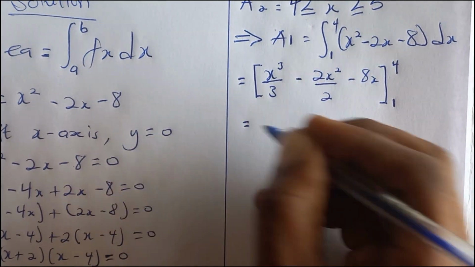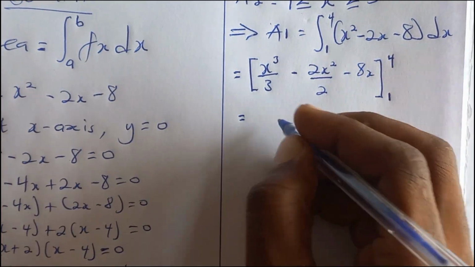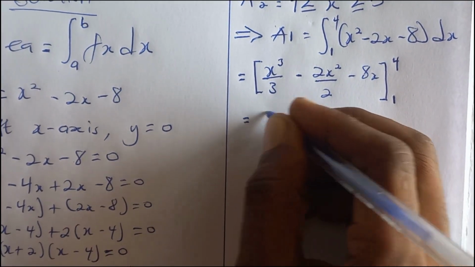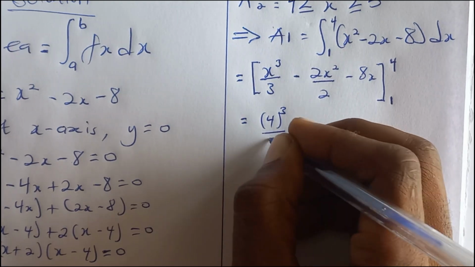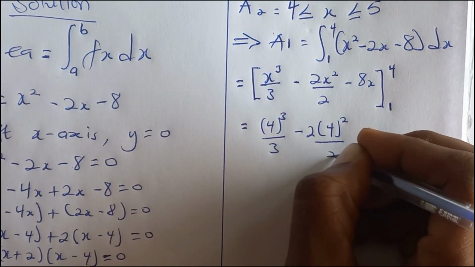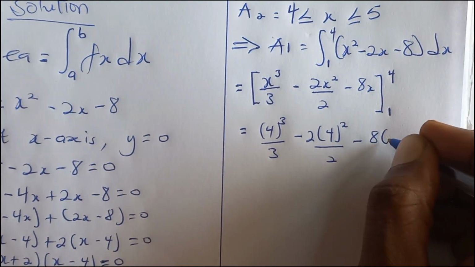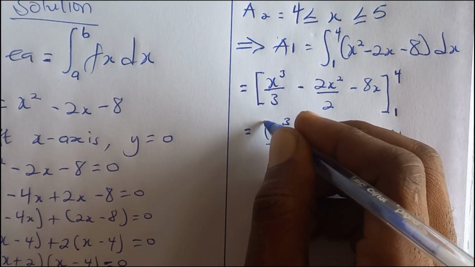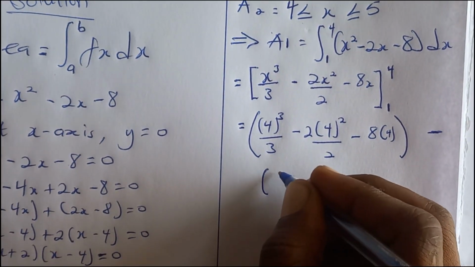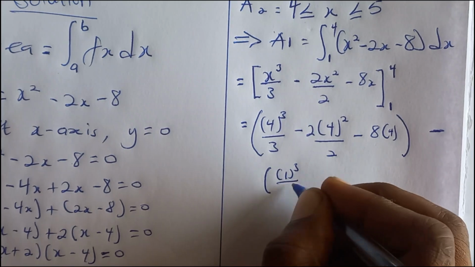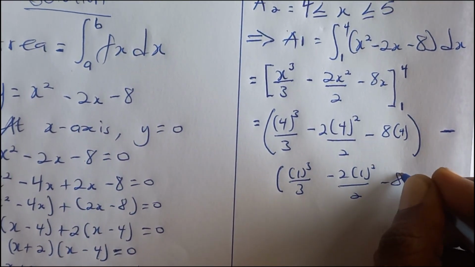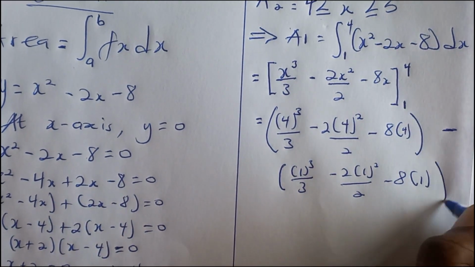Which is equal to, now when you place 4 inside, we are going to get 4 cubed on 3 minus 2 into bracket 4 squared on 2 minus 8 into bracket 4, minus into bracket 1 cubed on 3 minus 2 squared on 2 is 8. Good.